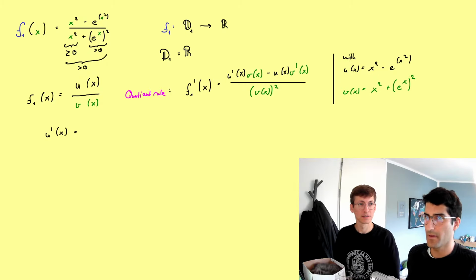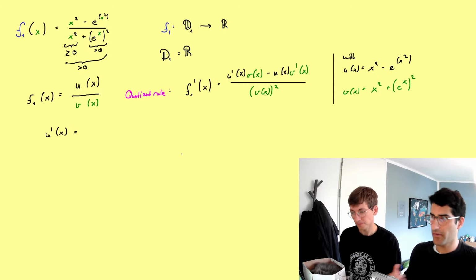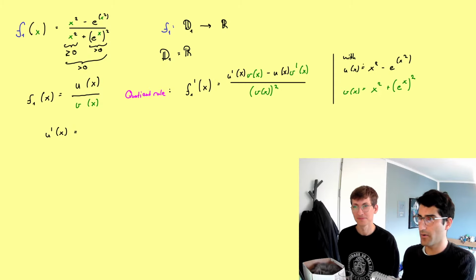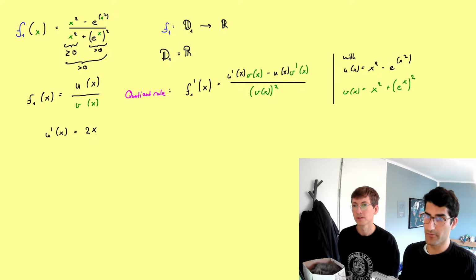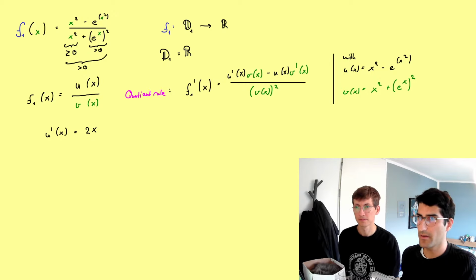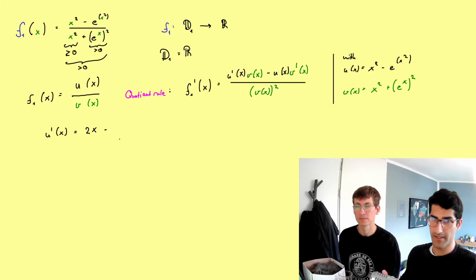All right. So now let's calculate the derivative. This boils down now to a simpler rule. For the first summand, x squared, we know the derivative is just 2x. This is calculating the derivative of a polynomial. And for the second part, we need to apply another rule, namely the chain rule. So we keep the minus here, and the chain rule tells us we first take the outer derivative of the exponential function.